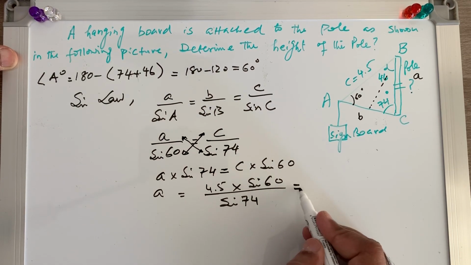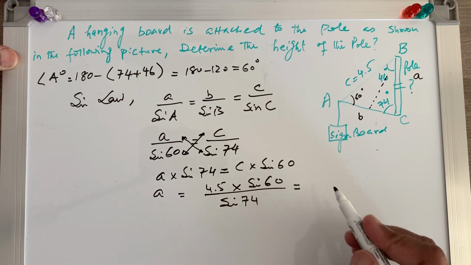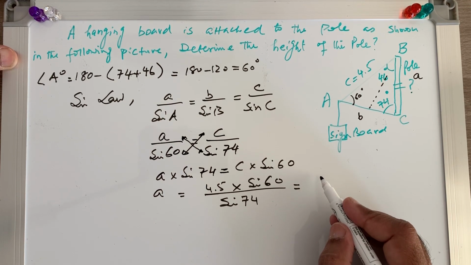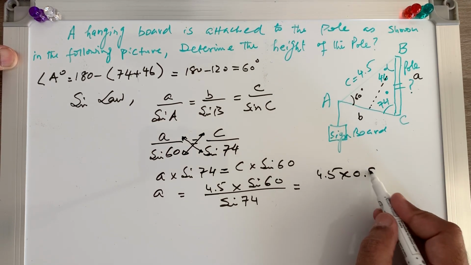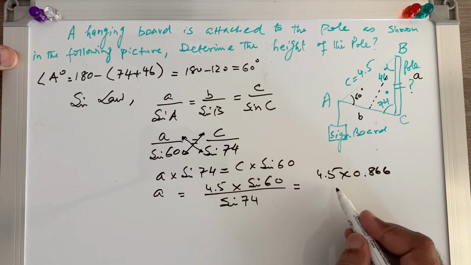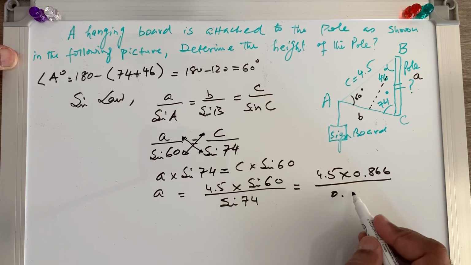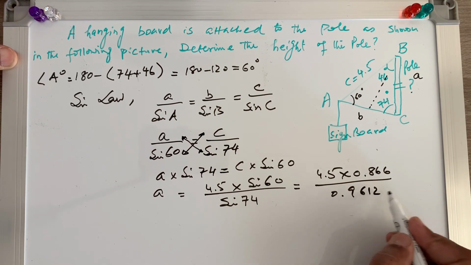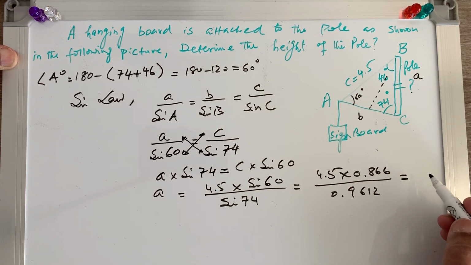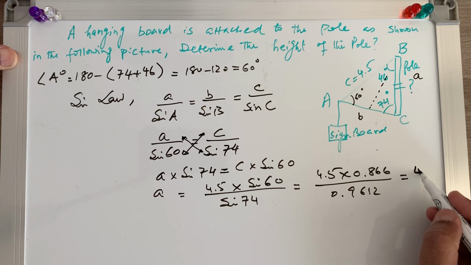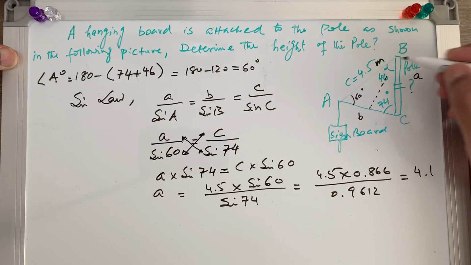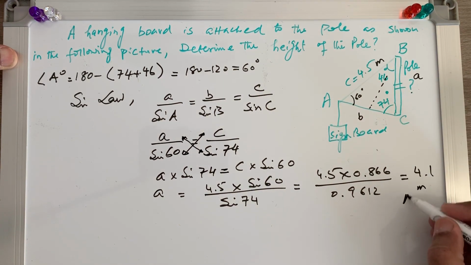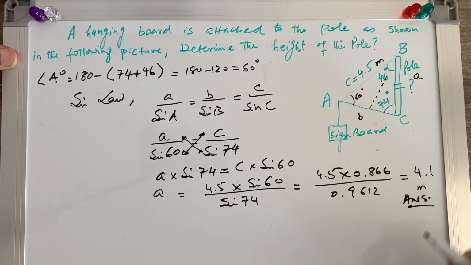Now I can put in my values and get my value of a. 4.5 times 0.866, which is sine 60, divided by 0.9612, which equals, by calculator, 4.1. So if this is given in meters, then my answer is also in meters. So this is my answer. It's easy.